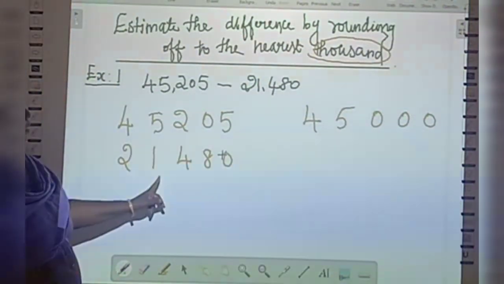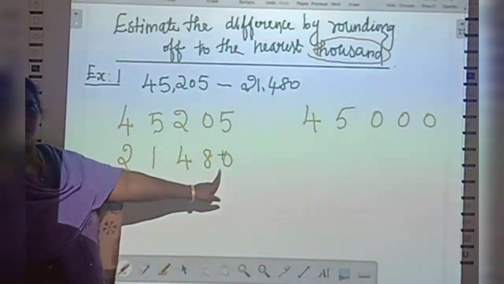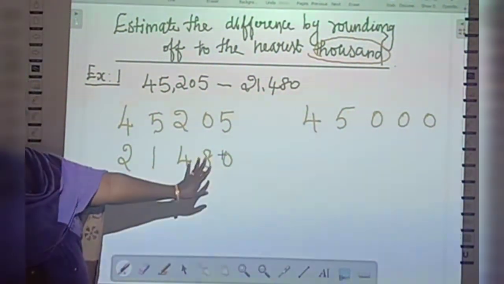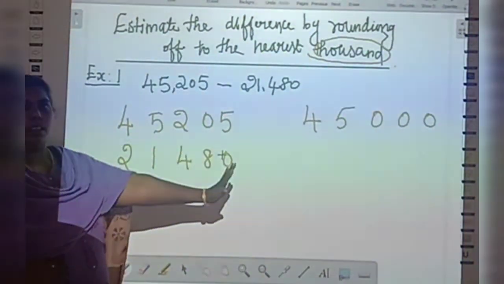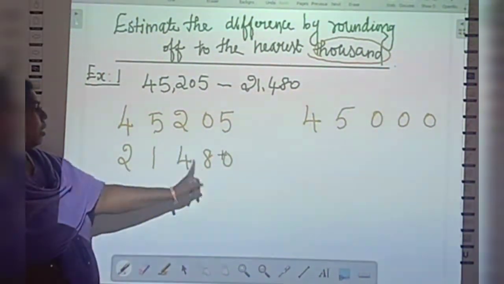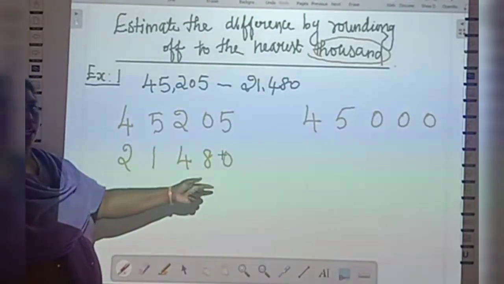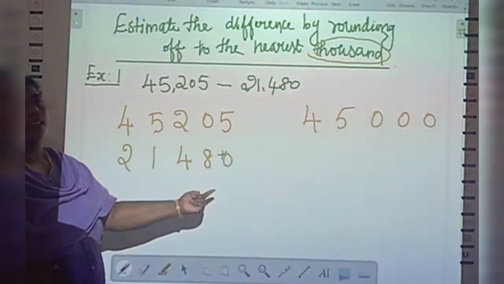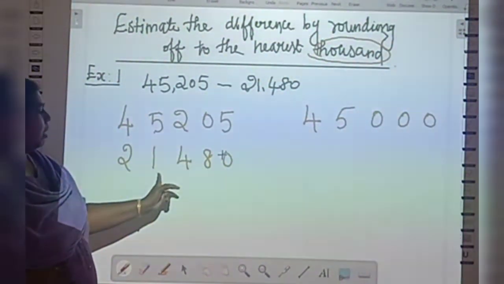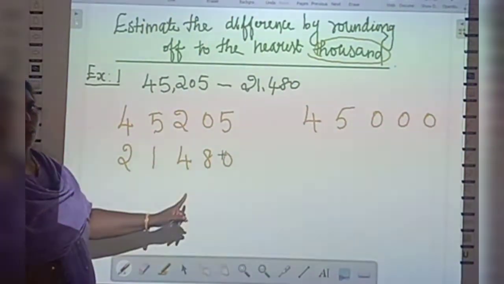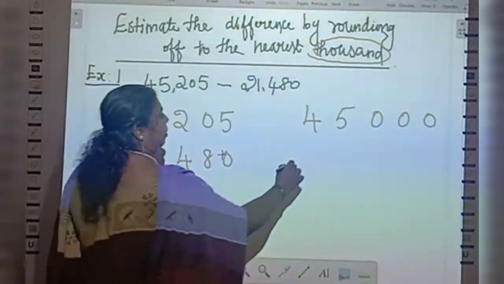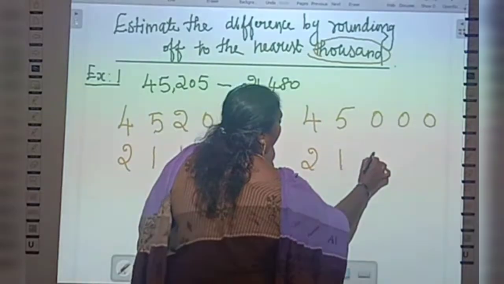See here 1,480. Is 1,480 closer to 1,000 or 2,000? It will come 1,000, because 1,480 is below 1,500. So the estimated value is 21,000.